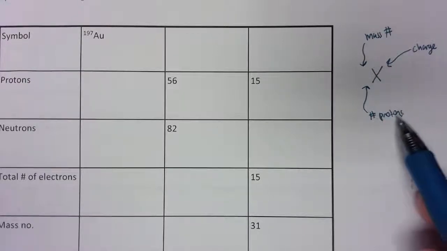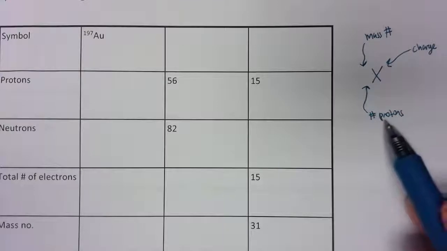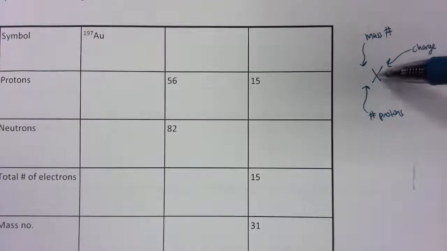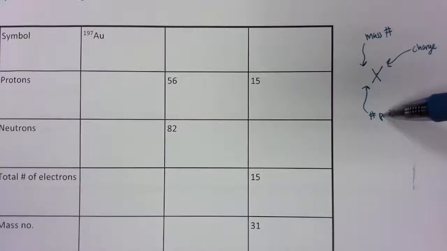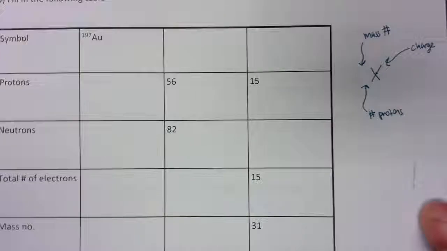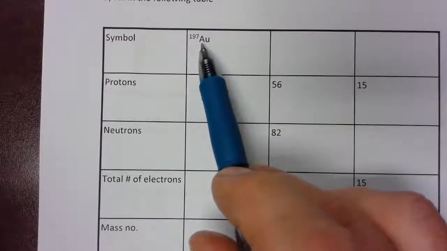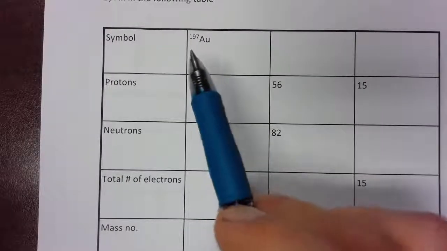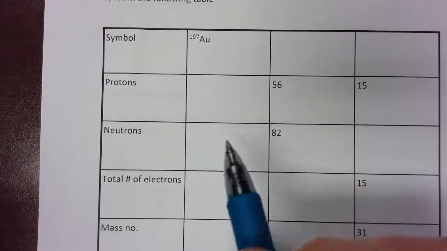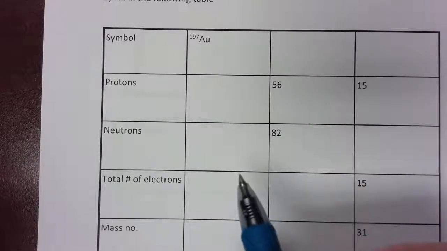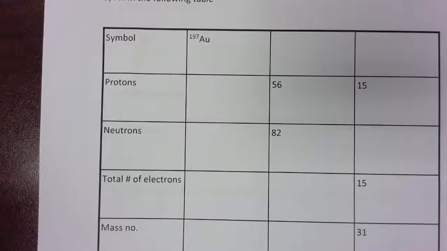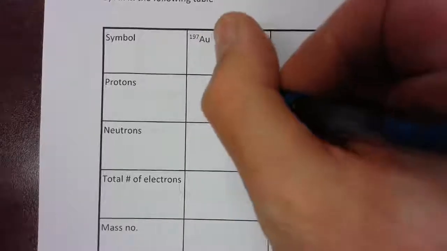The proton number tells us the identity of the element. So you can either look at the symbol or you can look at the proton number to determine what the element is. In this case, I have the symbol Au, and if I go to the periodic table and look up the atomic number, or the number of protons for Au, I see that it's 79.